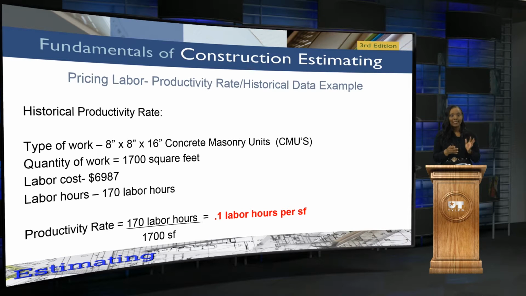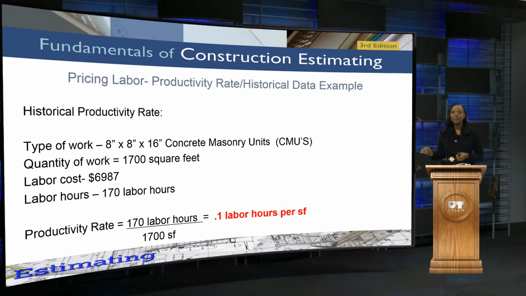This is just an example to show you how you would work through a problem using historical productivity rate. Let's say, for instance, you have a type of work with an 8x8x16-inch concrete masonry unit. Your quantity of work is 1,700 square feet, and a labor cost of $6,987.